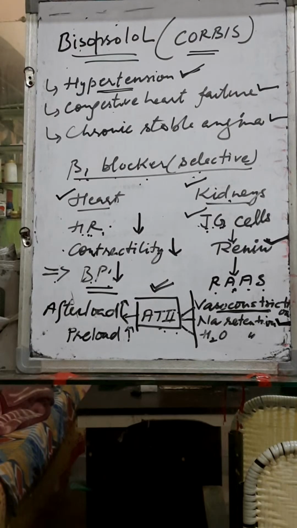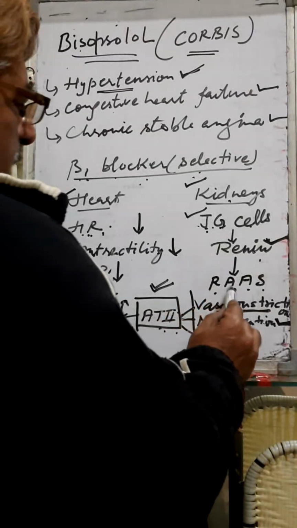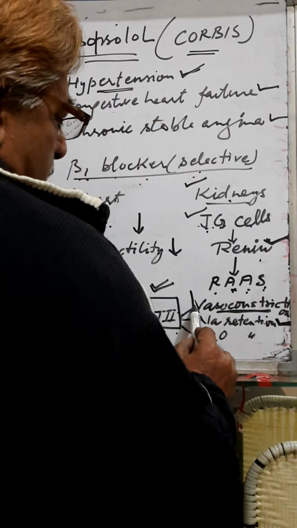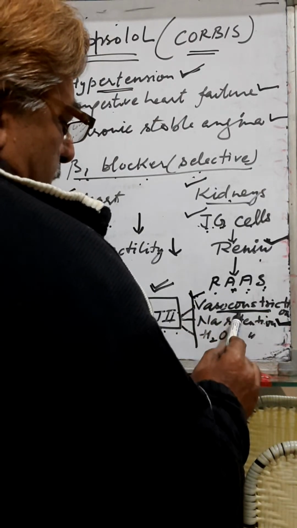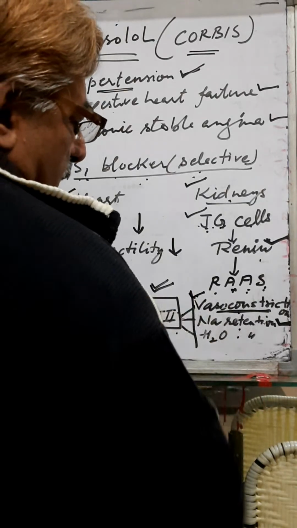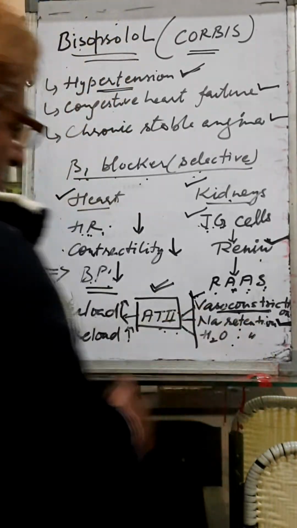So, in the kidneys, due to the activity of renin and the renin angiotensin aldosterone system, these three conditions are produced: vasoconstriction, sodium retention, and water retention. So, what will happen due to these?